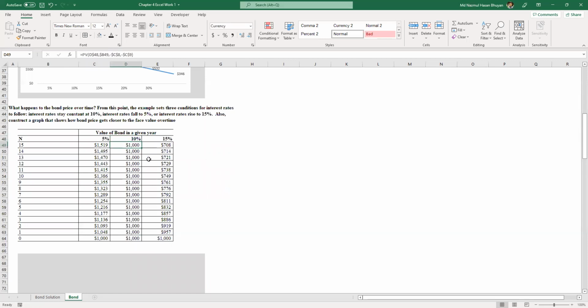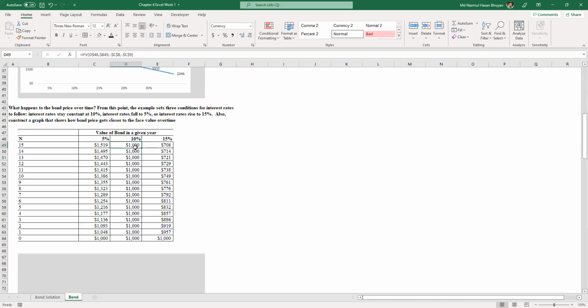Now, as you can see here, we calculated the value of the same bond in all the years from the current year to the very last year of the bond across these three interest rate scenarios. Now, for premium bond, you can see the market price of the bond declines every year to the face value of the bond by the end of the maturity period or bond investment period.